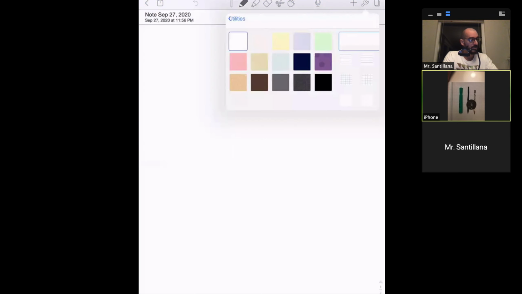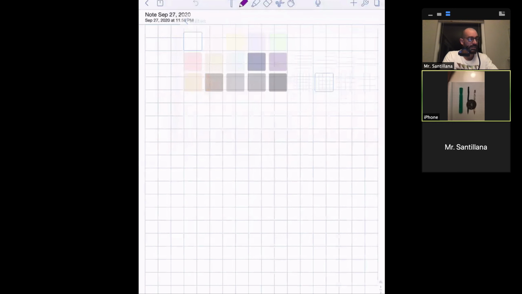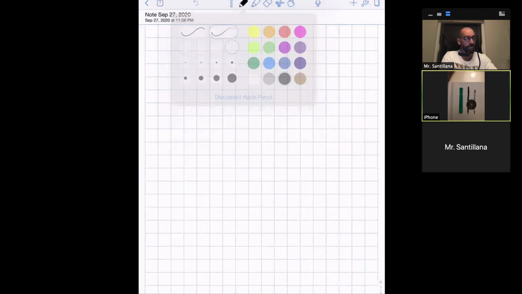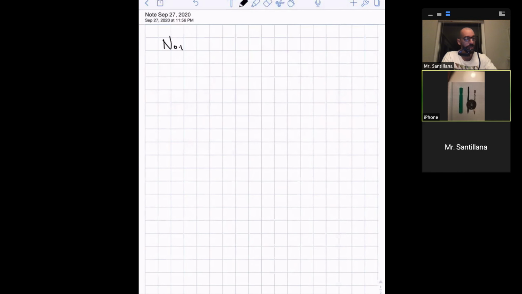Let's go ahead and label this notes 3.6. And today we are doing constructions. And exactly which constructions? Well, we have both parallel lines as well as perpendicular lines.